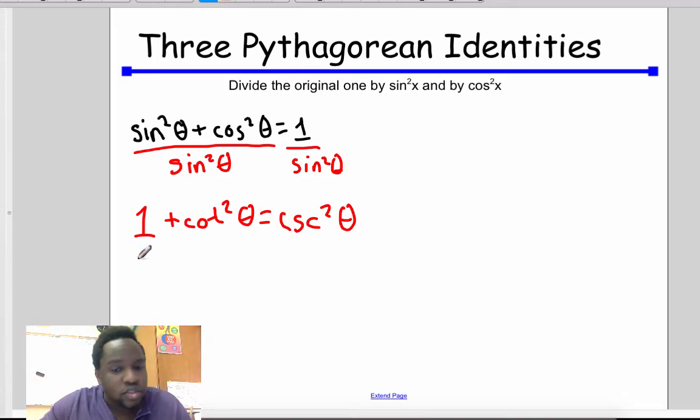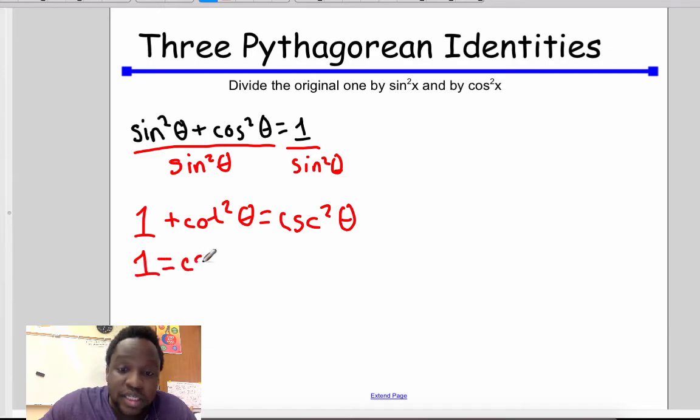Now, yes, you can totally memorize this, or just memorize sine squared plus cosine squared equals 1, and then just divide by sine squared theta on both sides, and you'll have this identity. Now, the other two using algebraic manipulation are that 1 equals cosecant squared theta minus cotangent squared theta.